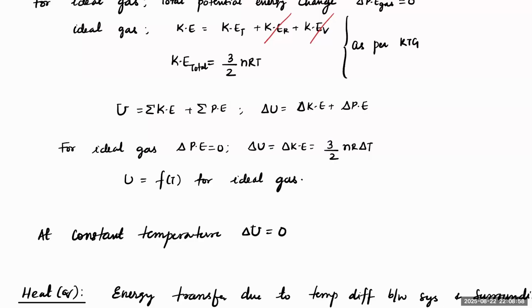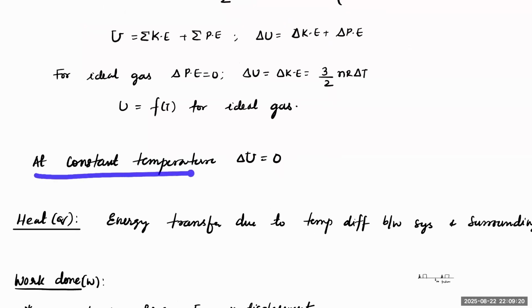So from here I can say that any change in the temperature is directly impacting the change in internal energy. Hence, for an ideal gas, internal energy is a function of temperature. So you can see at constant temperature, delta U will become 0.